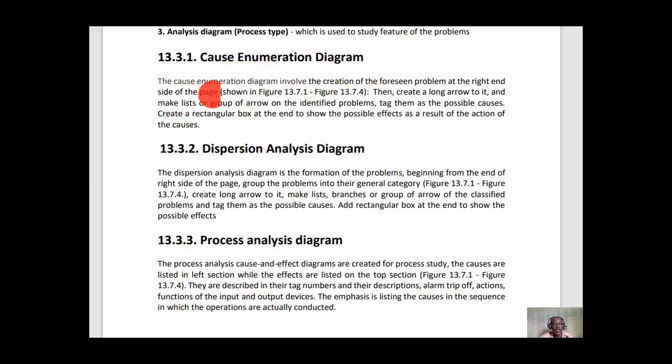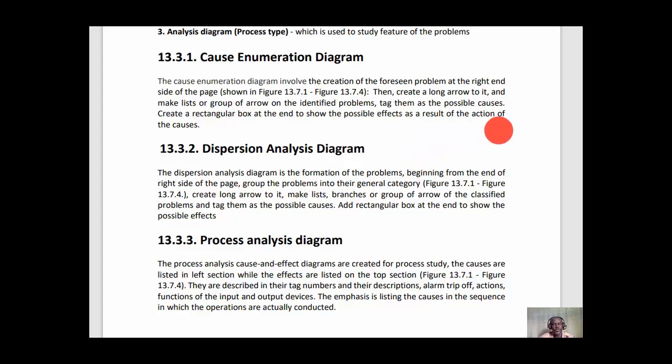The cause enumeration diagram involves the creation of the foreseen problem at the right hand side of the page, as shown in figure 13.7.1 to figure 13.7.4. In this cause analysis, create a long arrow to it and make lists or groups of arrows on the identified problem.